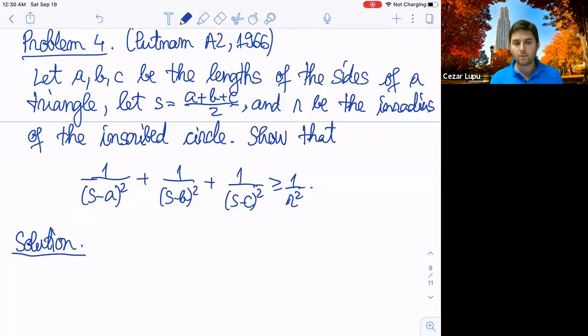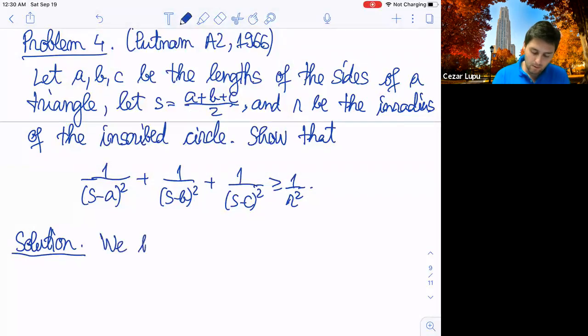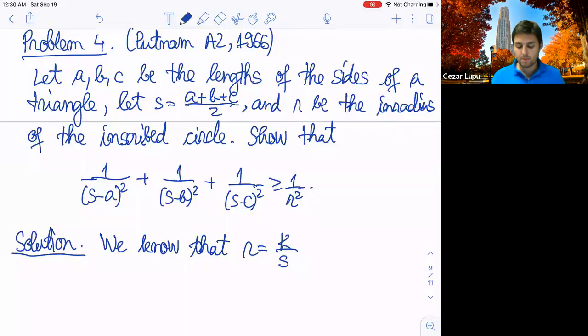We know how to compute the inradius, right? R is K over S, where K is the area and S the semi-perimeter. So R squared is K squared over S squared.